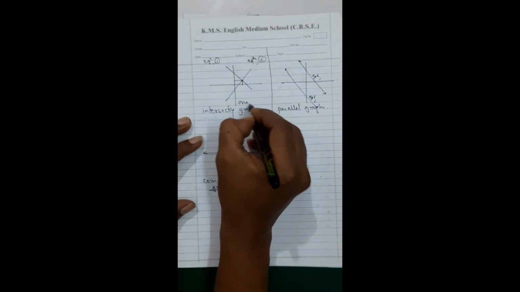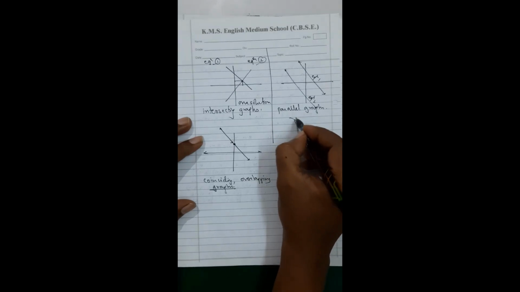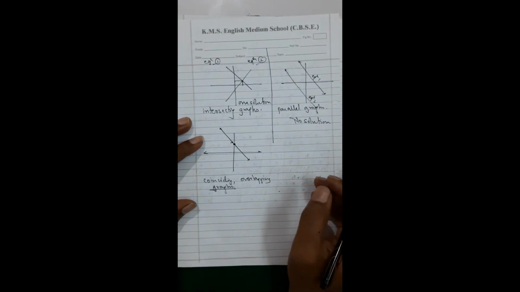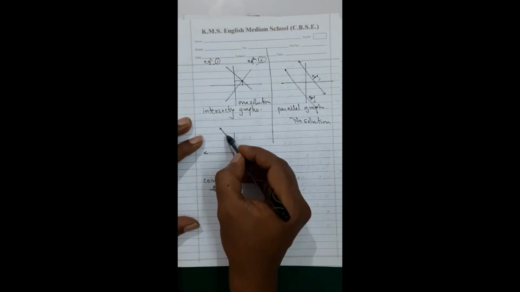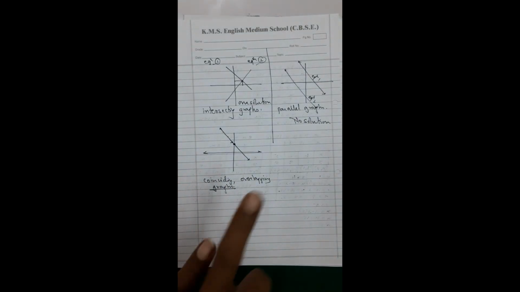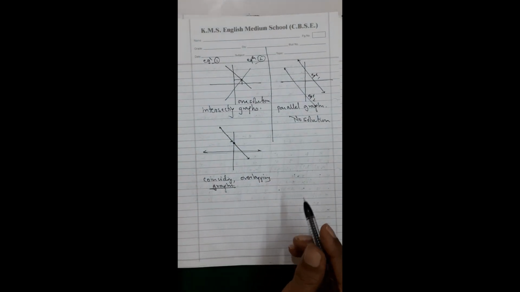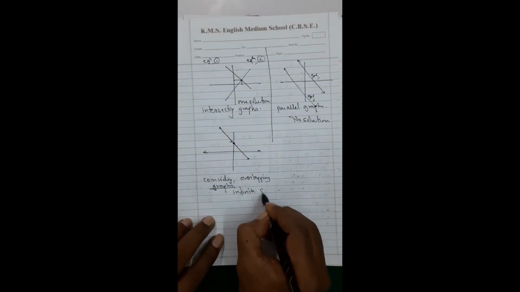Here, one solution; here, no solution, because there is no intersecting point. And here, because they are overlapping, running over each other, that means they are intersecting at each and every point. So here there will be infinite solutions.